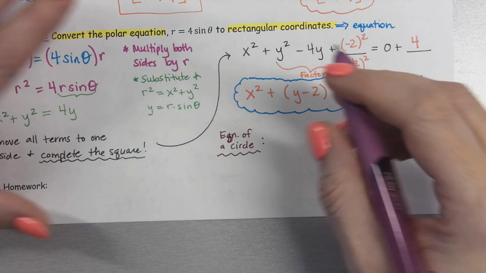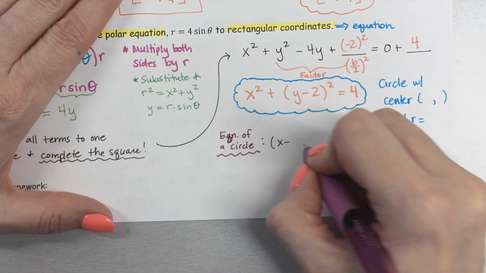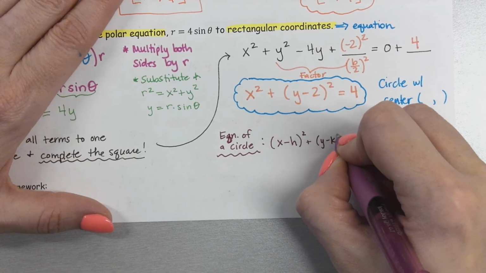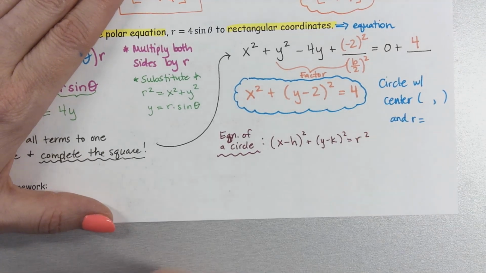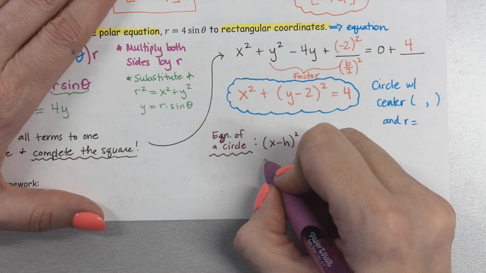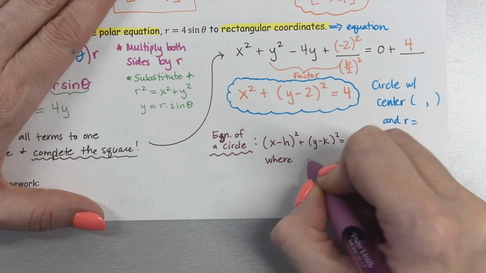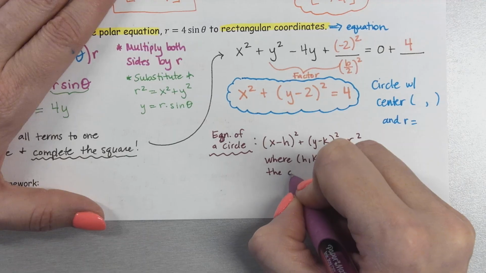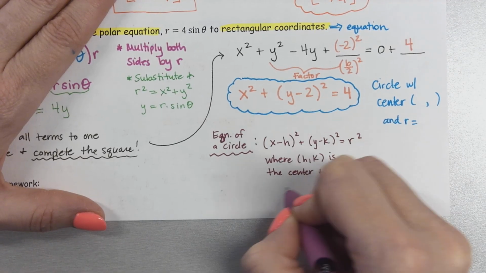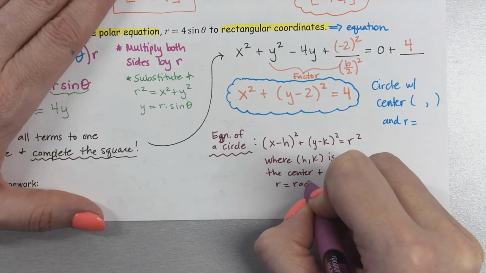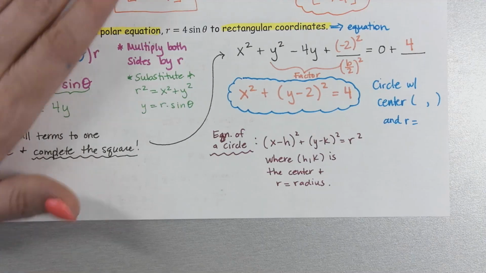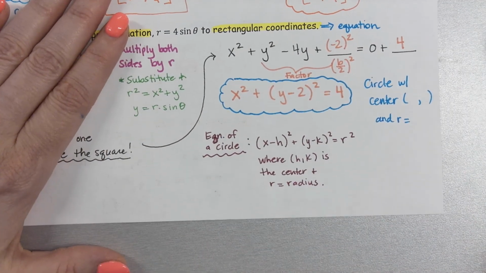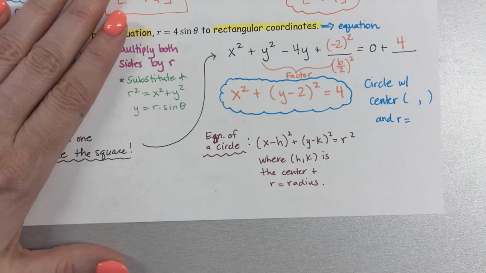Okay, so the standard equation for a circle is x minus h squared plus y minus k squared equals r squared, where h, k is the center and r is the radius. Okay, so based on that, I want you to write down the center and the radius.